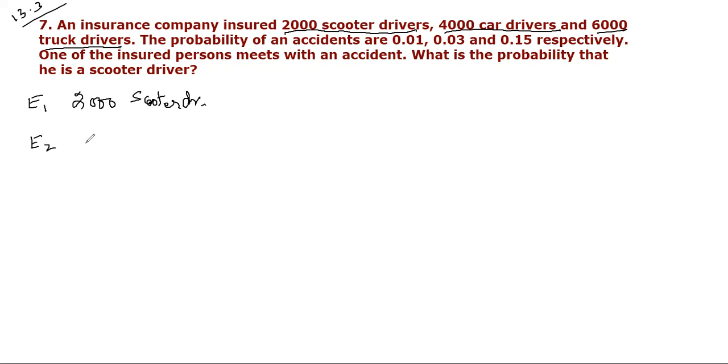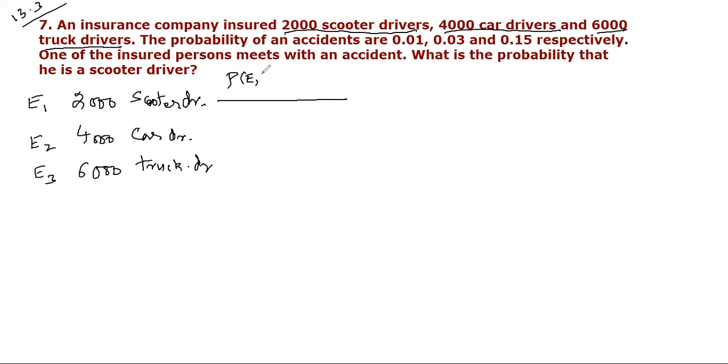Event number 2, 4,000 car drivers. And event number 3, 6,000 truck drivers. Okay, so what is the probability of getting the scooter drivers? The total is 12,000. The probability of scooter drivers is 2,000 upon 12,000. Correct?